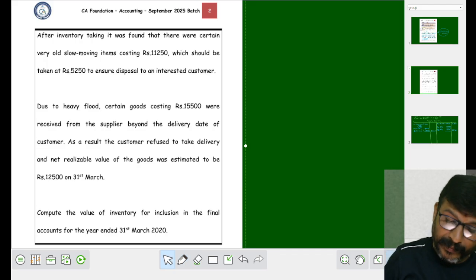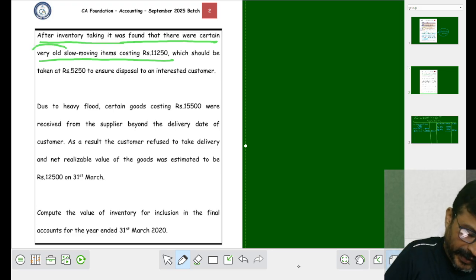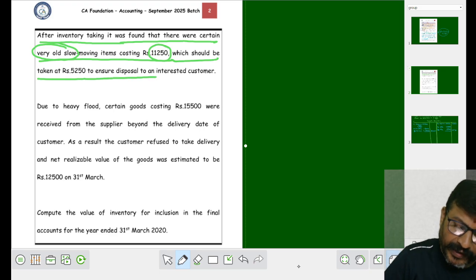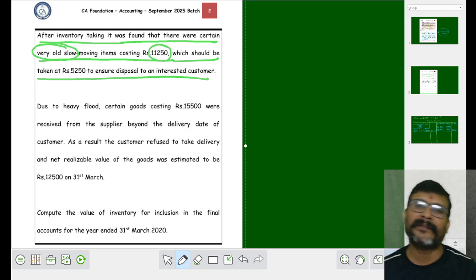Please be careful, my dear student. After inventory taking, it was found that there were certain very slow moving items. What it is? Very slow moving items. How much it is? 11,250, which should be taken at 5,250 to ensure disposal to the interested customer.